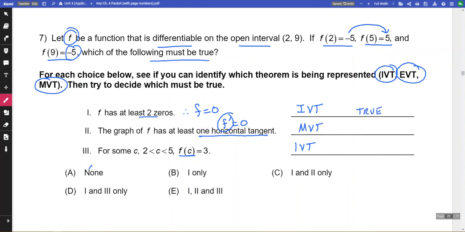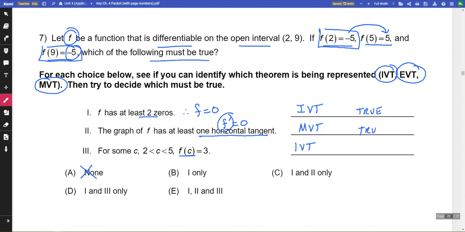Because that is true, we know the answer is not none. And because that is true, we cannot eliminate anything else. Do we have at least one horizontal tangent? So in other words, do we have two endpoints with the same value? Well, notice f of -2 is -5, and f of 9 is -5. So therefore, the slope between those two endpoints is 0.